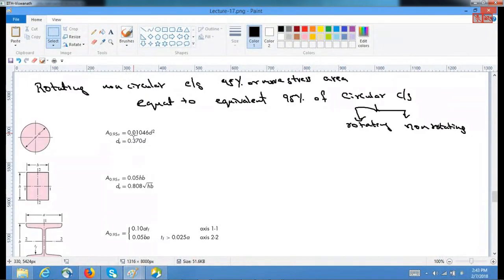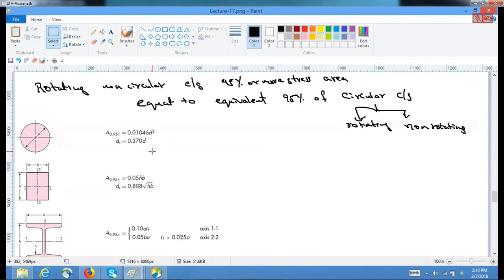It's 0.0105 d square, and hence the effective diameter for this non-rotating cross section would be 0.370 d, considering only 95 percentage of stress or above.